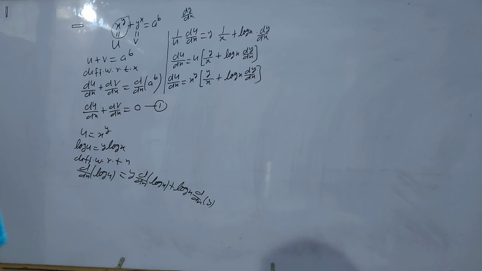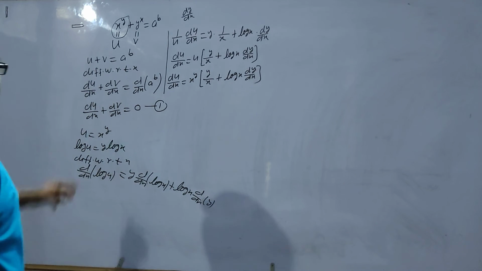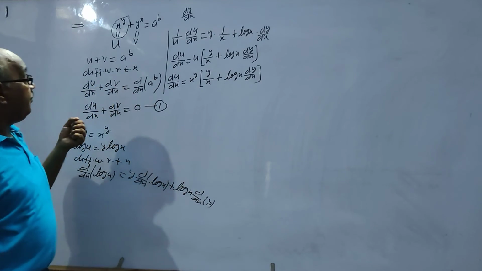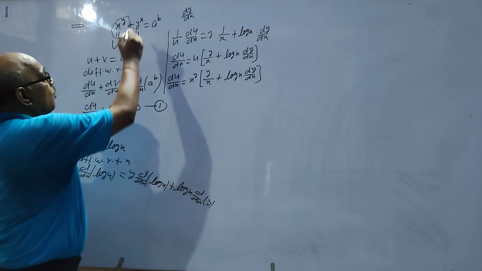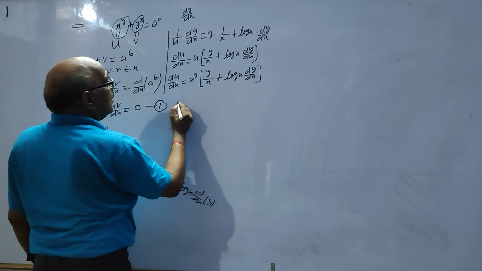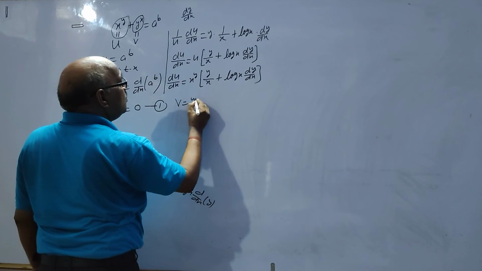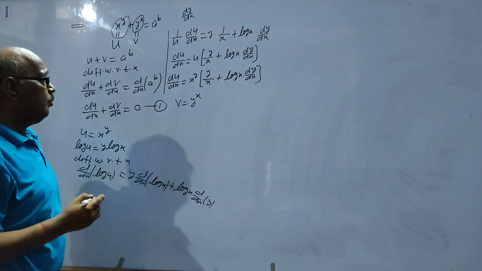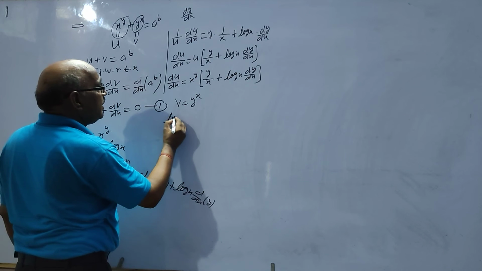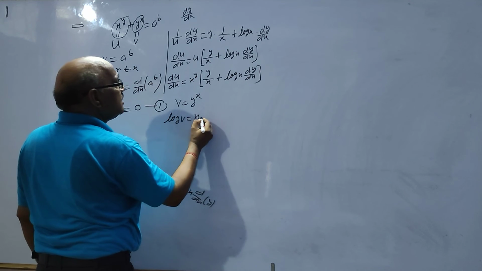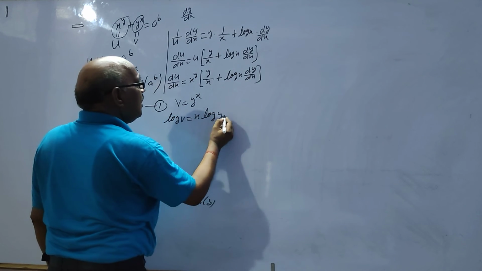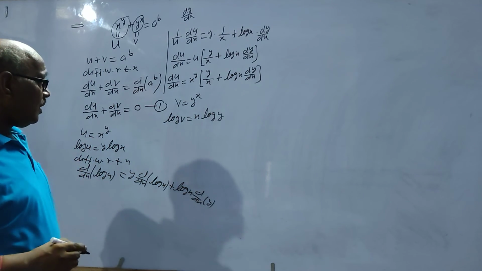Now we will find the value of dv over dx. So dv over dx निकालने के लिए, what is the value of v? v is equal to y to the power x. Taking log of both the sides, log of v is x times log of y.